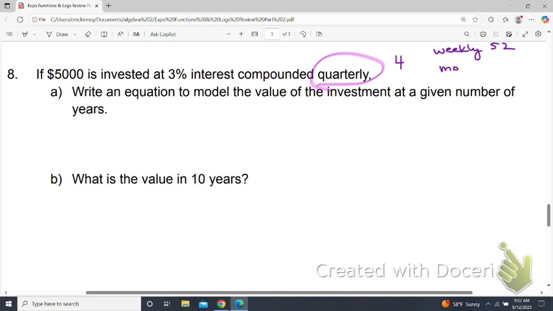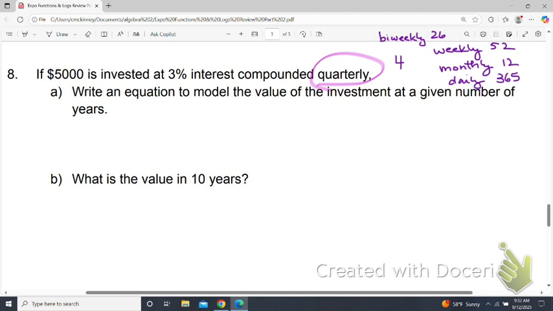If it was monthly, 12 times. If it was daily, 365. If it was bi-weekly, 26, etc. We can have lots of different options. So here we have quarterly.